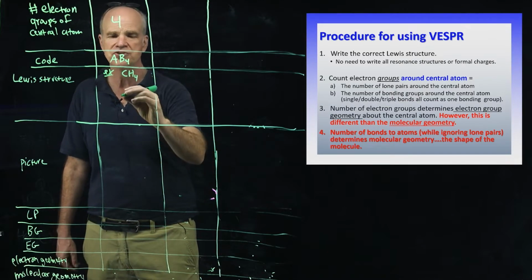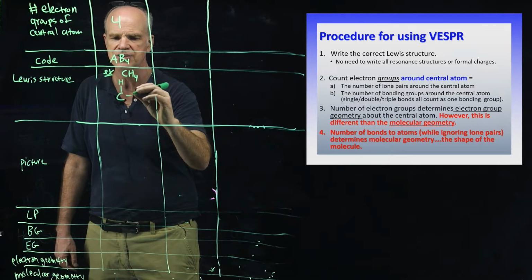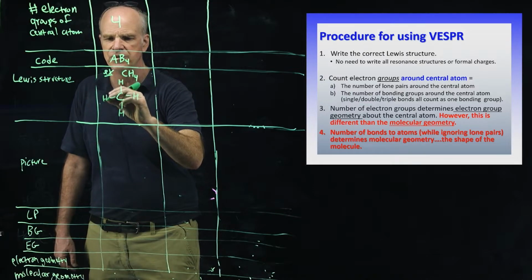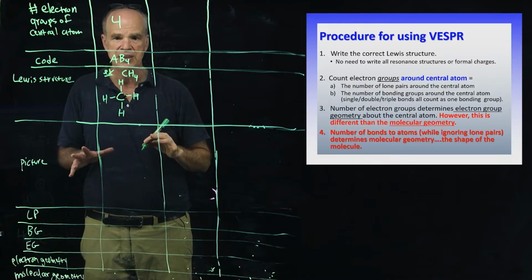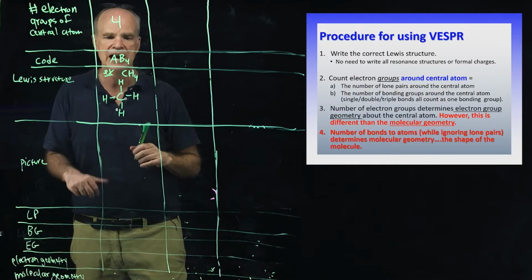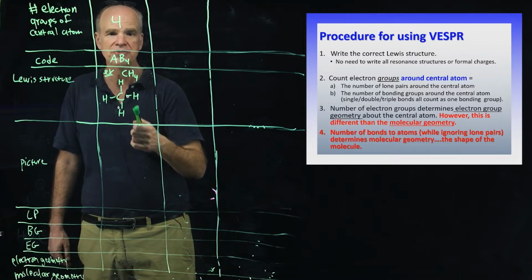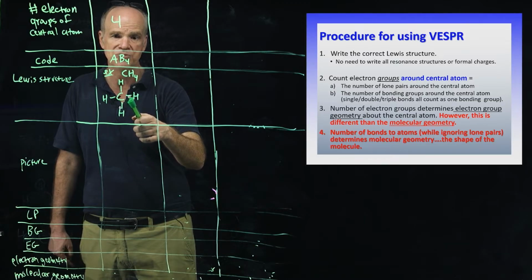Let's draw the Lewis structure for this. So we have a carbon atom here, single bond to 1 hydrogen, another, another, another. So this is an AB4 molecule. Now, let's notice some things about carbon, the central atom here. One thing to notice is that it has no lone pairs. Another thing is to count the number of bonding groups leaving the carbon.